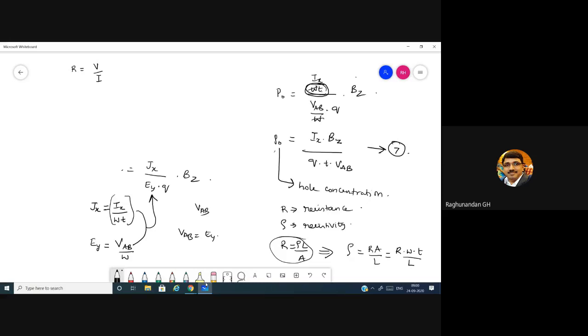See, here we are talking about the resistivity of the material. So always remember, resistivity is with respect to the material. Resistance is with respect to the conductor.